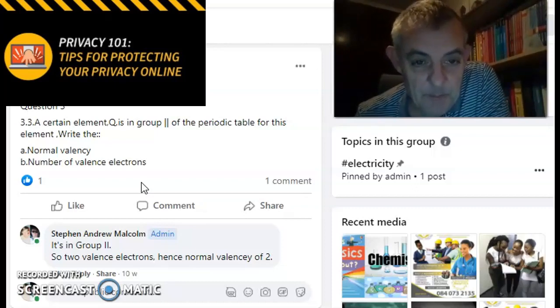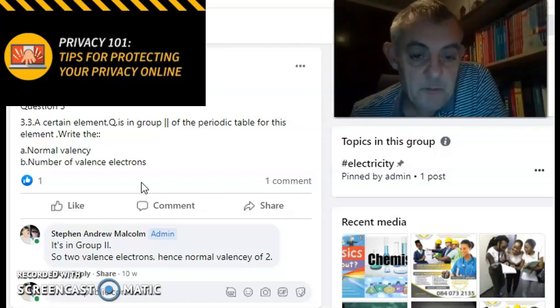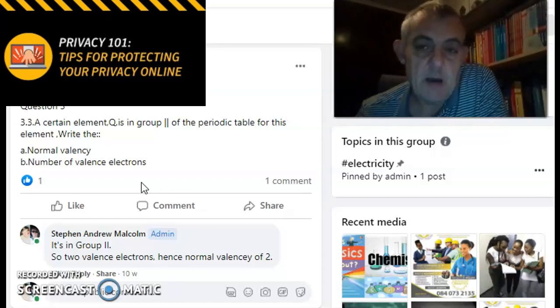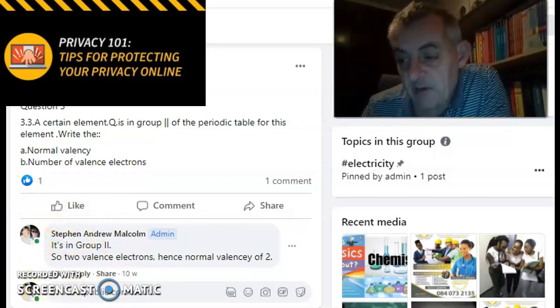Because it's in group 2, then it has to have 2 valence electrons, so it has a normal valency of 2. It's not asking which element it is, because you would need more clues than are given in the question.